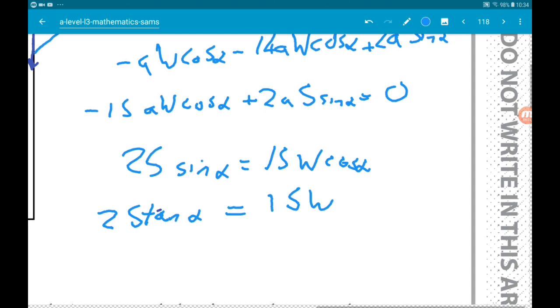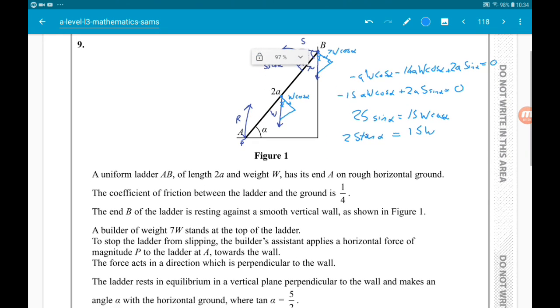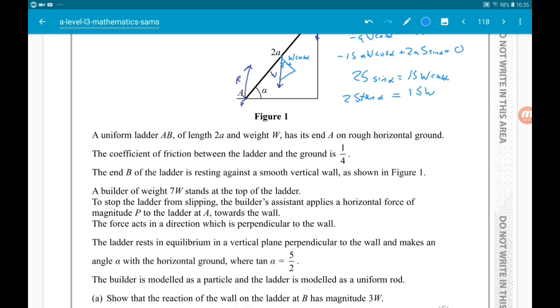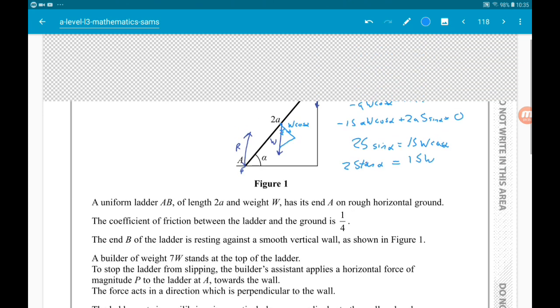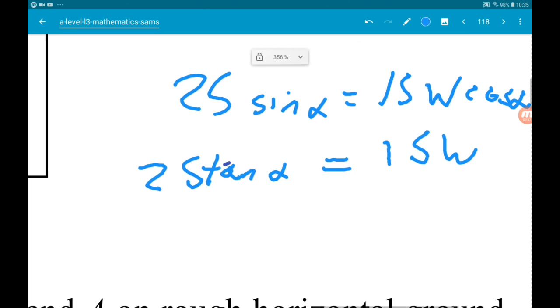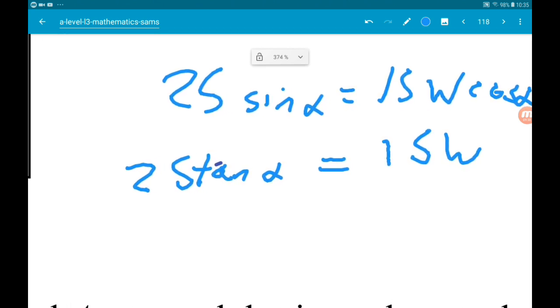Now we know that tan alpha is 5/2, so we now know then that 2S times 5/2, so that's 5S is equal to 15W.